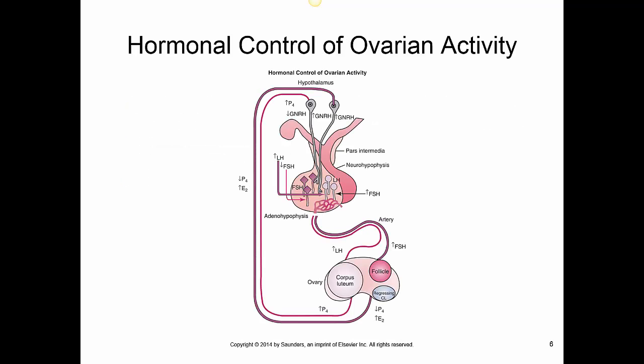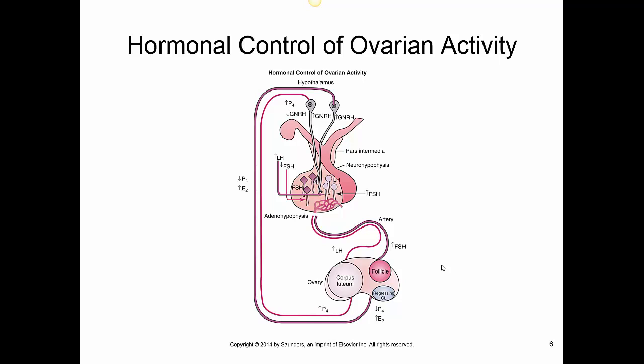And so there's a whole bunch of hormonal controls, and this kind of shows you the basic hormonal control. Once again, remember that this is going to be controlled from the anterior pituitary, not the posterior, but the anterior. And the anterior pituitary is going to get signals from the hypothalamus. So what's going to happen is the hypothalamus is going to look at what hormones are being produced, estrogen or progesterone.